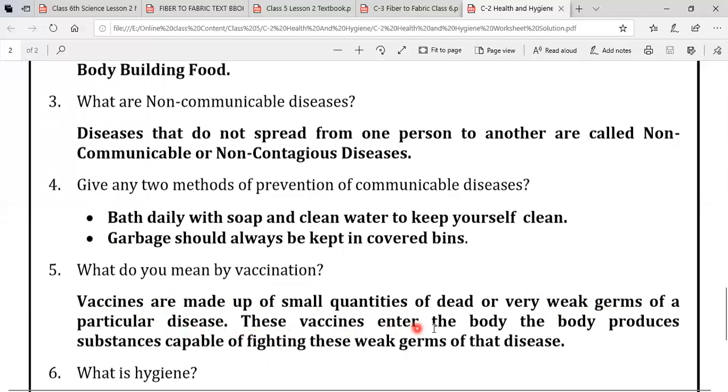When these vaccines enter the body, the body produces substances capable of fighting these weak germs of that disease. Understood? Yes or no?